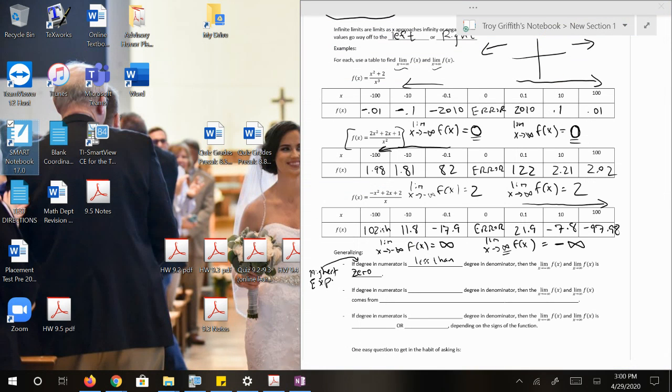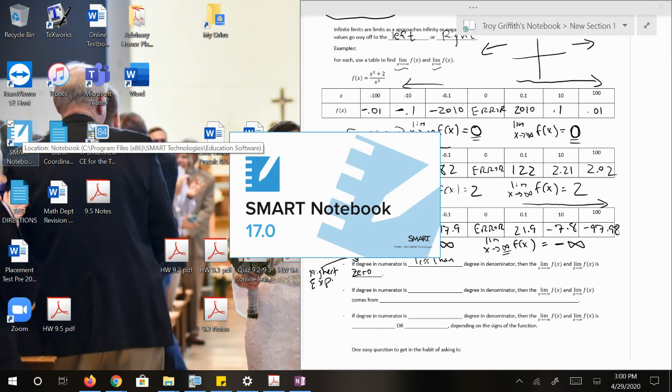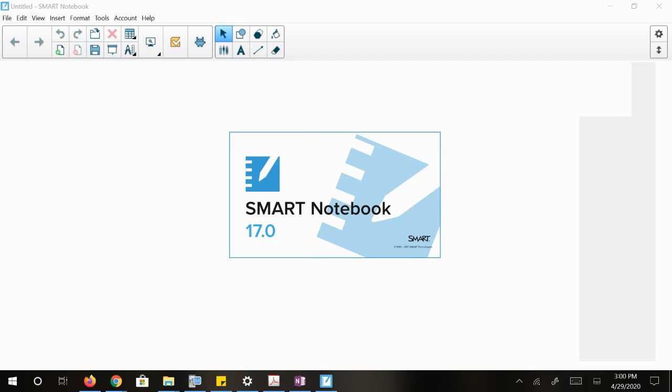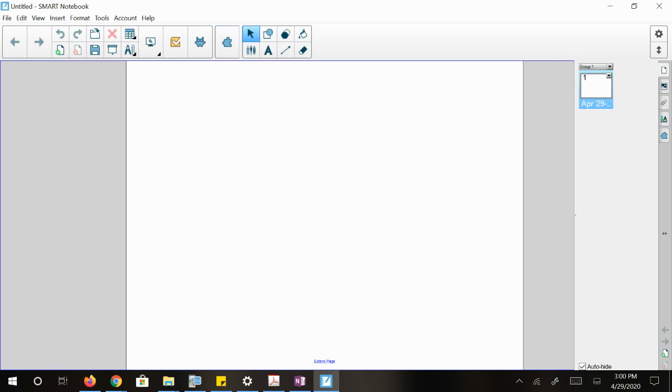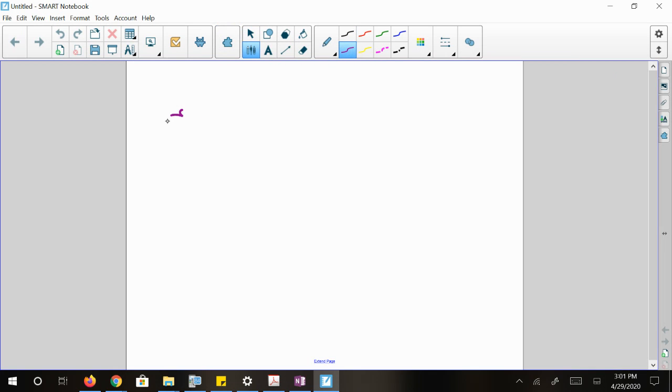Let's look at something simple, maybe x plus 1 divided by x squared. Okay, let's say for example we were going to look at f of x equals x plus 1 divided by x squared.